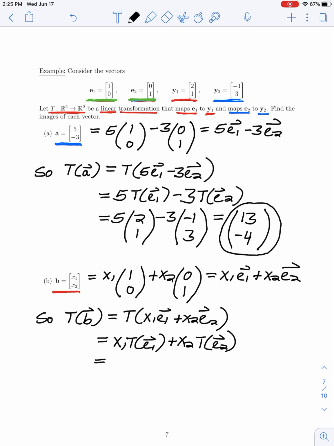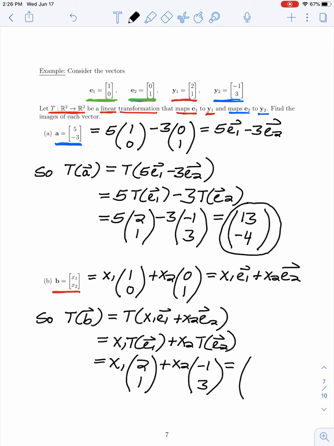Now, we know the images of E1 and E2 under this transform, so we have x1 times Y1, which was (2, 1), plus x2 times the image of E2, which was (-1, 3).